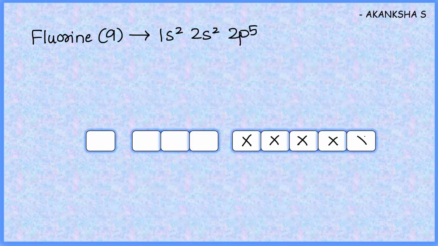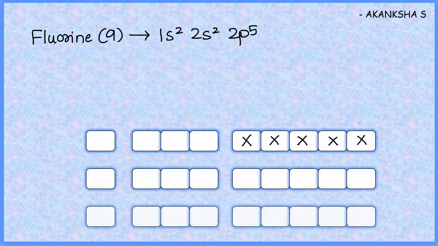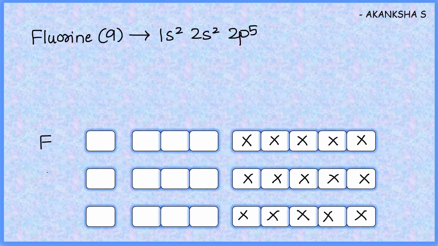So what have we learnt about not having d orbitals? When d orbitals are not present, you cannot achieve a higher oxidation state.